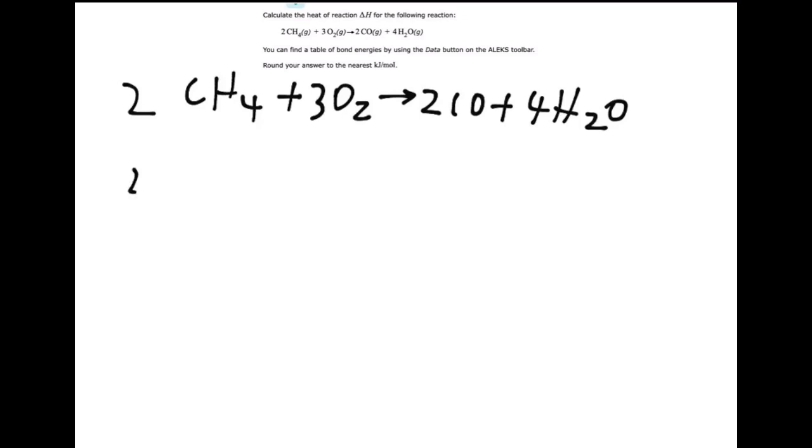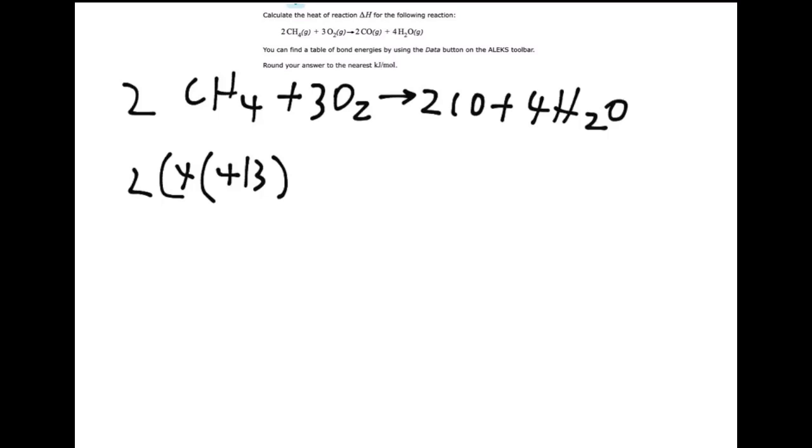So it's 2 times the bond of CH, because each one of those has 4 CH bonds. So it's 2 times 4 times the energy of a CH bond. The energy of a CH bond is 413.